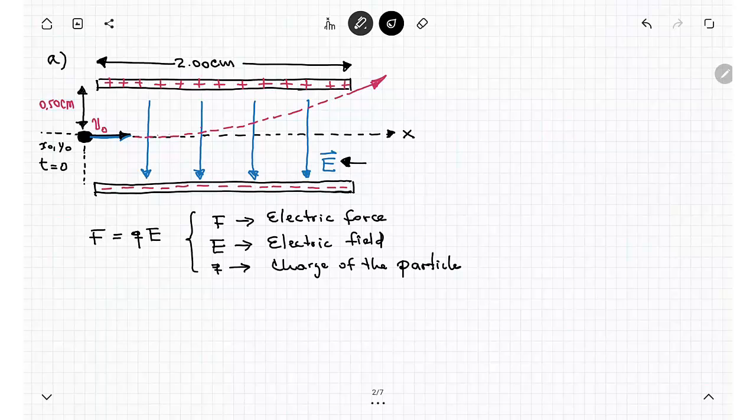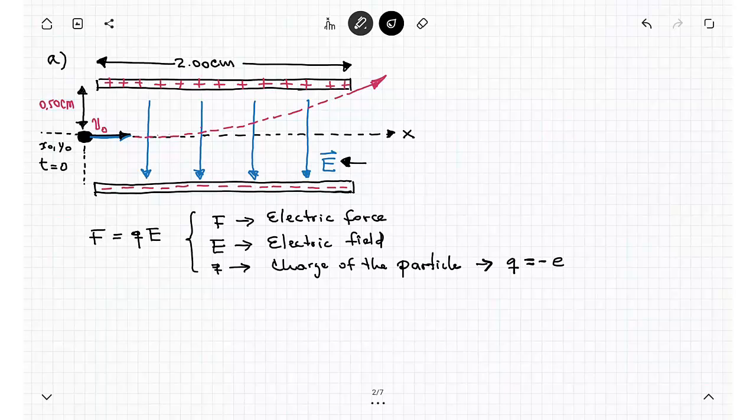Alright, the electron is represented by the minus e notation for its charge. So we can write the charge Q as minus e, where e is the charge of the electron.